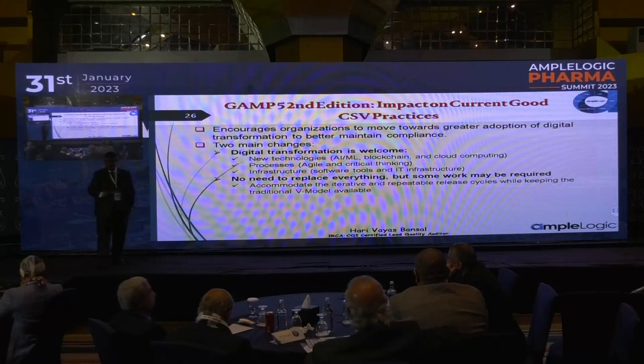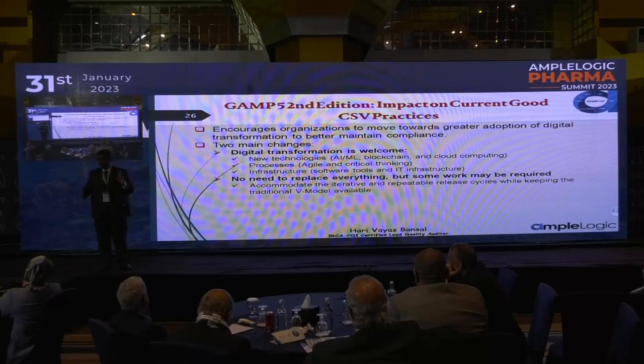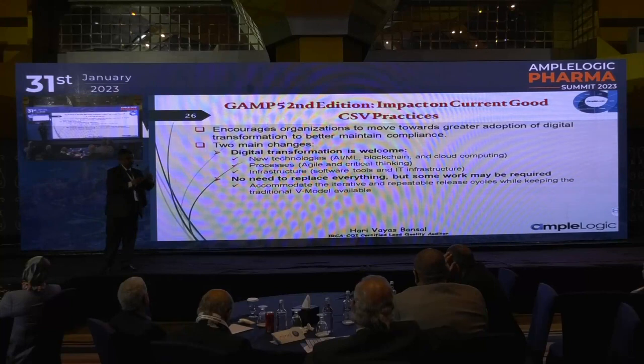repeatable cyclic process. So in earlier GAMP 5, what have you done? You have bought the system, you have installed it, you have tested it, and you have closed the files. After implementation of this, what can you do? I can give you an example. Once you have bought a car, and it has become old now, but you don't have the money to spend on a new car, what will you do? You need to upgrade that car with some add-on features wherein you will spend a little amount.